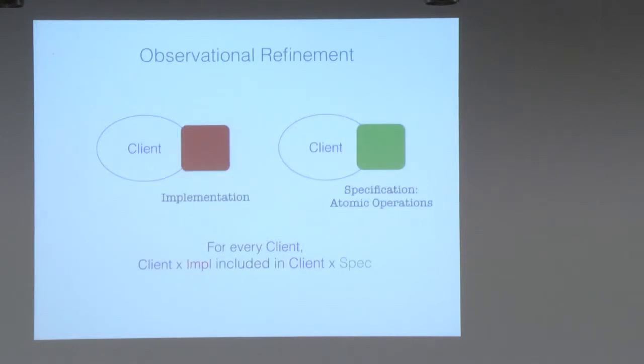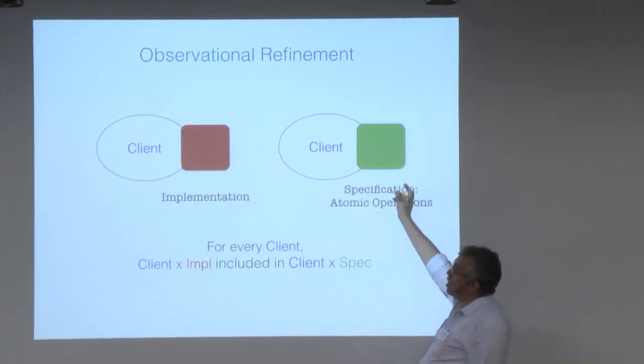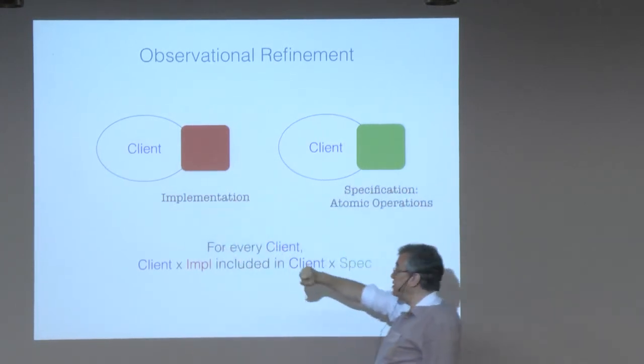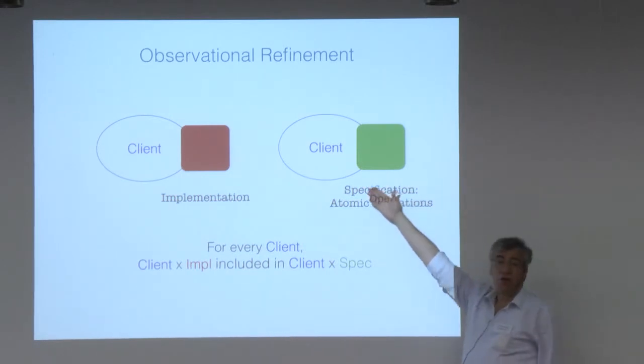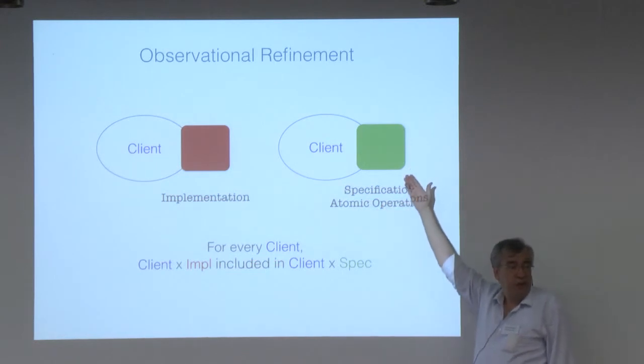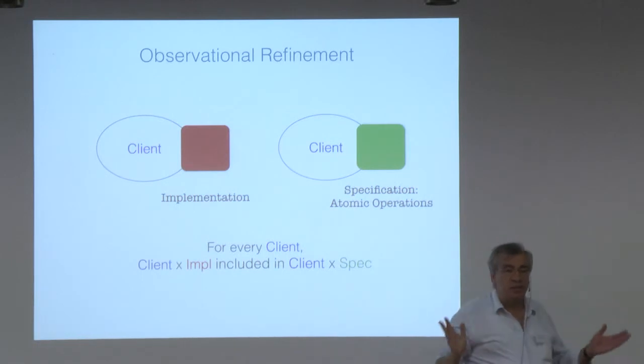Conceptually, this means that you want to ensure this observational refinement. What does it mean? It means that if I have a specification or some reference implementation of my library, I want now to have an implementation which satisfies the following: for every context where I can use this library, if I use now my implementation, I will see precisely the same things.